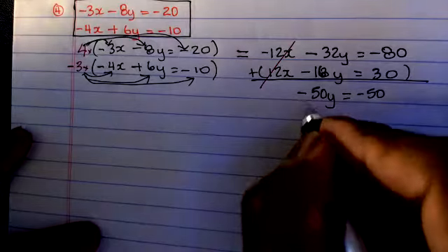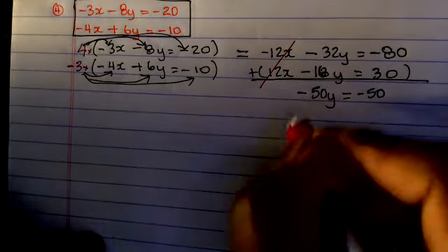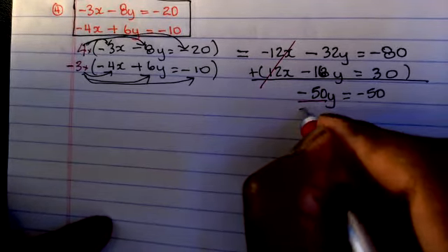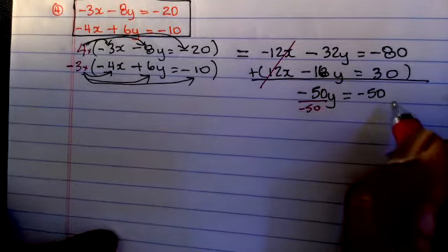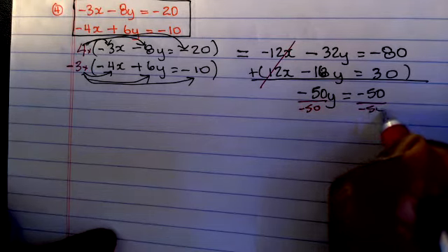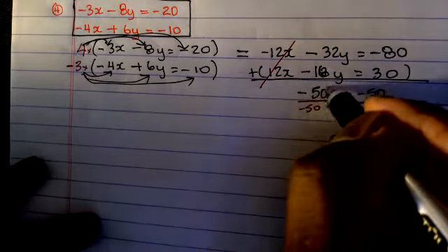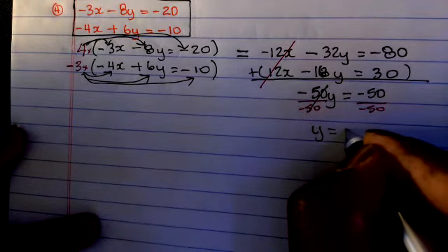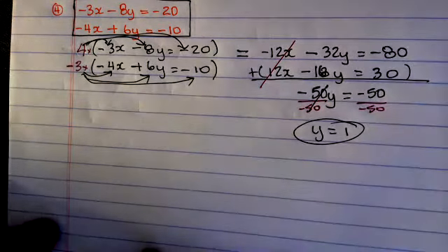In order for me to get to y, I'm going to have to do the opposite. They multiply, so I'm going to do the opposite, which is division. Divide by negative 50. So y is equal to positive 1.